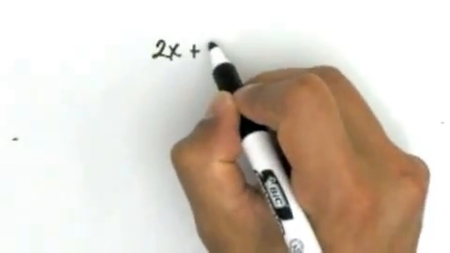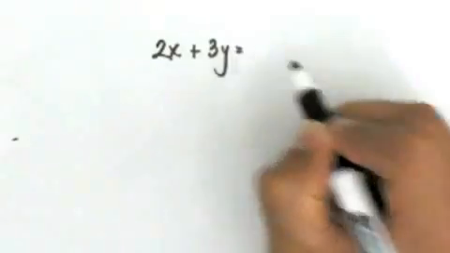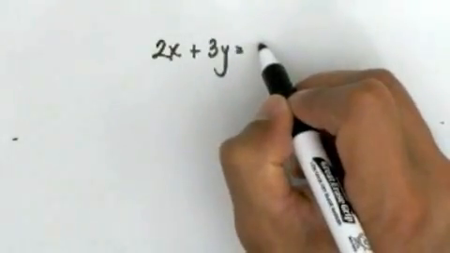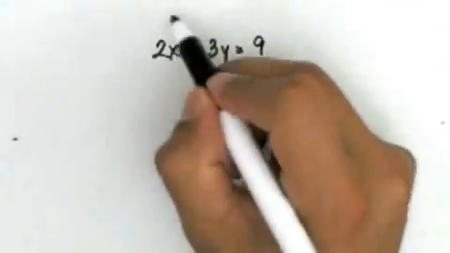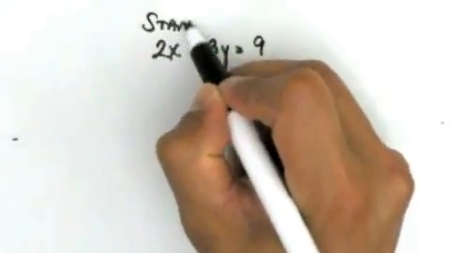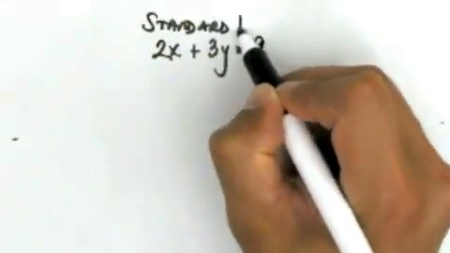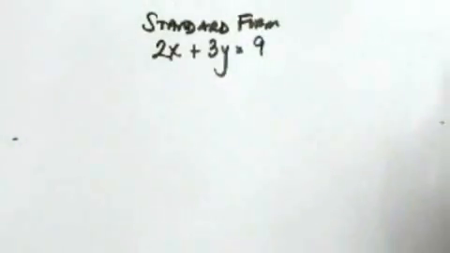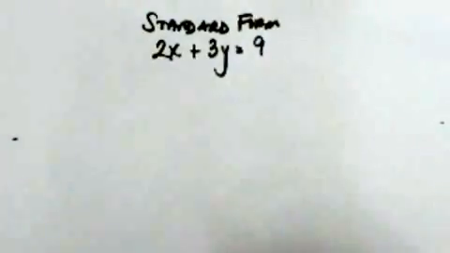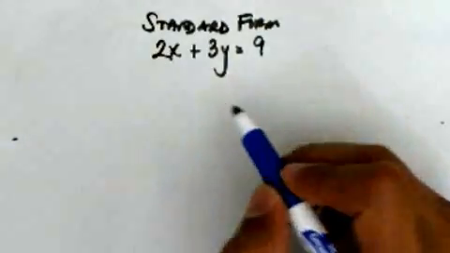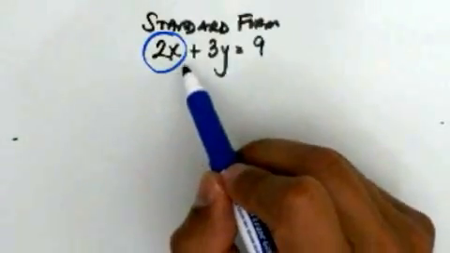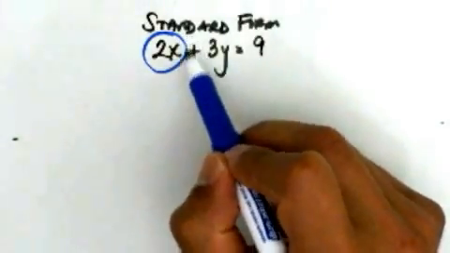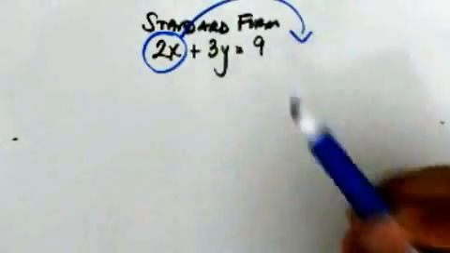And a lot of students have difficulty with this. Let's do 2x plus 3y equals 9. Now this is called standard form. Okay, so this linear equation is in standard form. So I don't like to graph in this form because it's difficult, so I have to change it to slope-intercept form. So what I'm going to do, take this 2x, I'm going to take it to the other side.